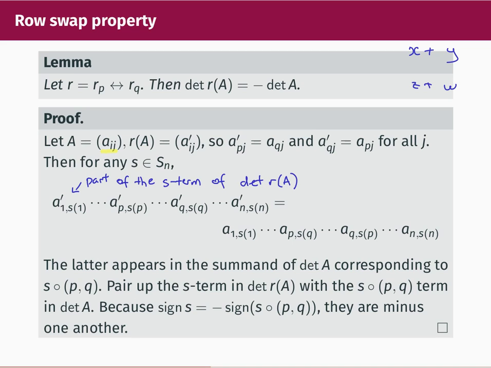As we've seen, the only difference between the A's and the A primes is that A prime Pj is A Qj and A prime Qj is A Pj, because we swapped row P and row Q. So when we translate the product on the left into a product of A's, the only difference is that A prime P S of P will be A Q S of P. So this term is equal to this term. And equally, A prime Q S of Q will be A P S of Q.